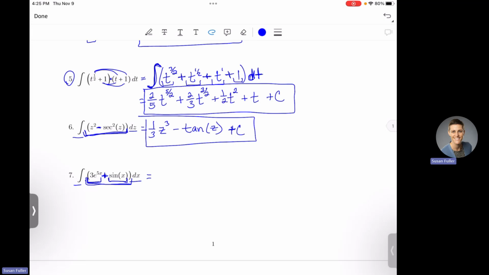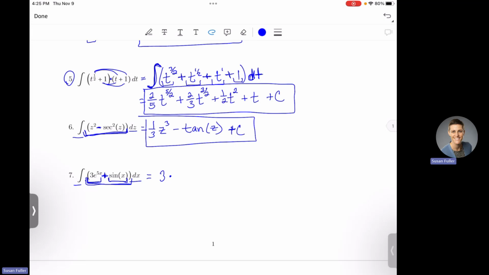Now, there is an entry in your table for what to do when you have a number times a variable inside an exponential. You can also do this in your trig functions, in your ln functions, really any of these. But if you have a 5x inside your e, let's think about this. I know the 3 is going to come along for the ride.